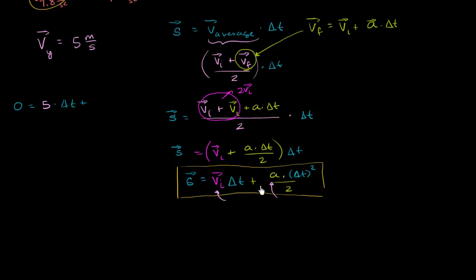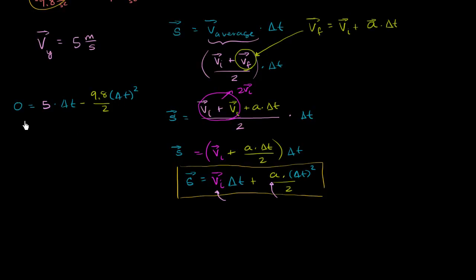So the acceleration is negative 9.8 meters per second squared. You divide that by 2, and all of this times delta t squared.